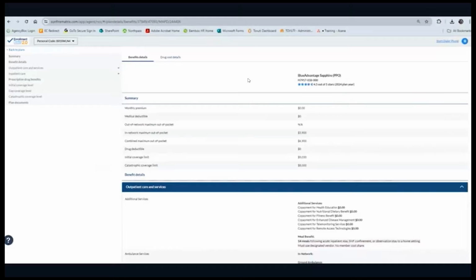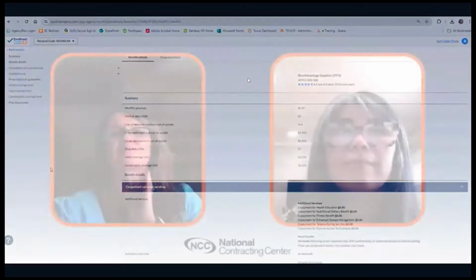This plan has an in-network maximum out of pocket of $3,900. Let me explain to you what that means. That means in the event that you see your specialist, you go to the hospital, you pay a copay for an MRI. This doesn't include the drugs. This is anything that you're doing for hospital medical services. In the event that you have a not great year, and your copays add up to $3,900, you stop paying and the insurance company will come back in and cover you at 100% until you're released for that year.